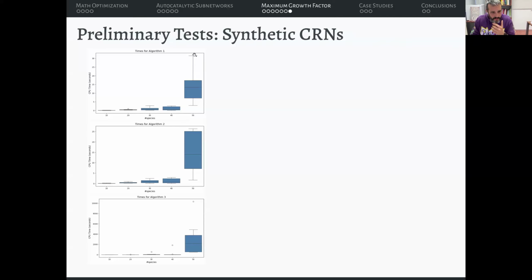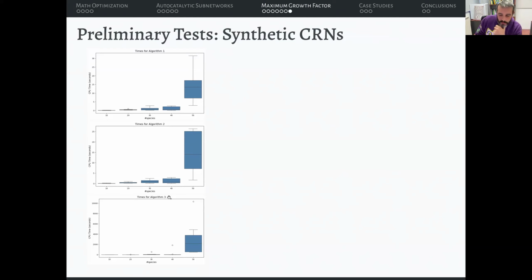So that's okay. The second approach, apart from the maximum growth factor, tries to select which are the autocatalytic species that are better to maximize the maximum growth factor. And again, 25 seconds, 30 seconds, so similar times.